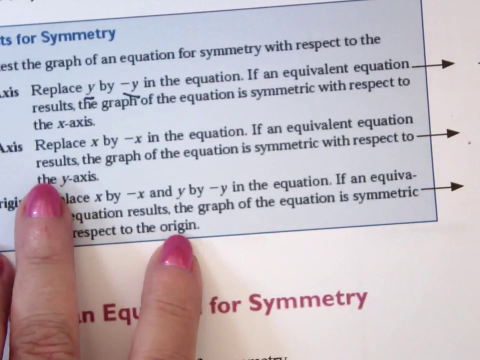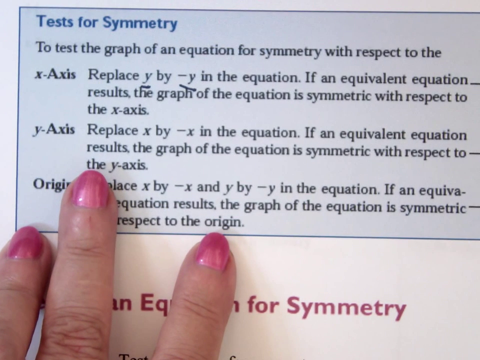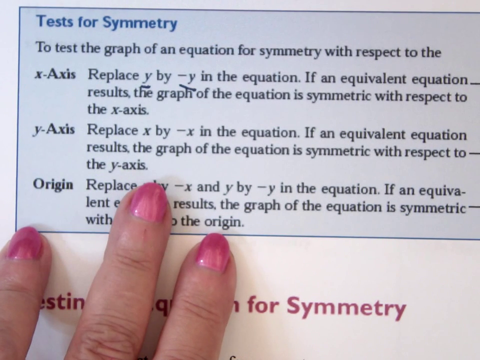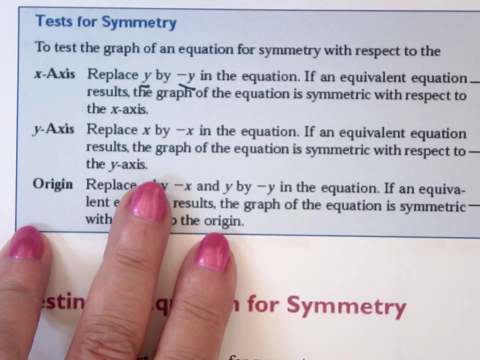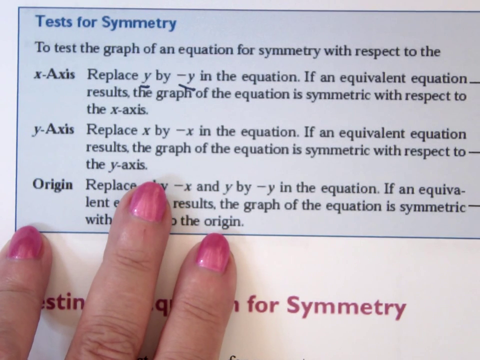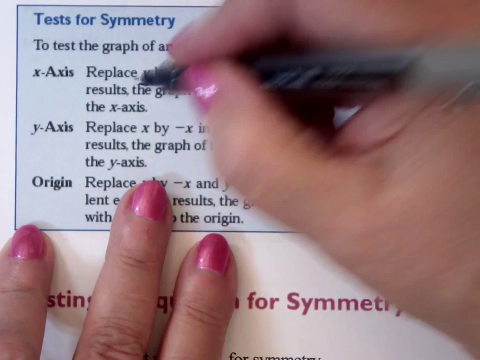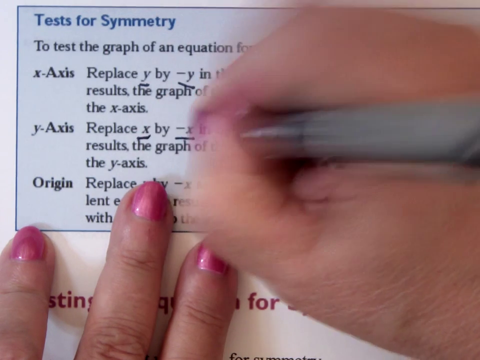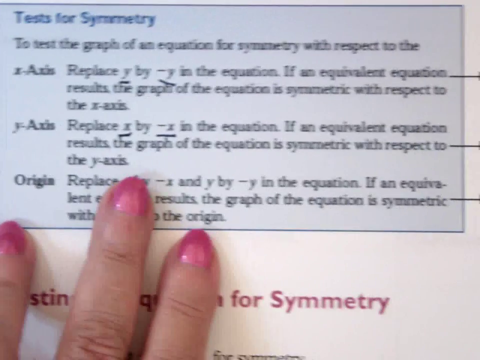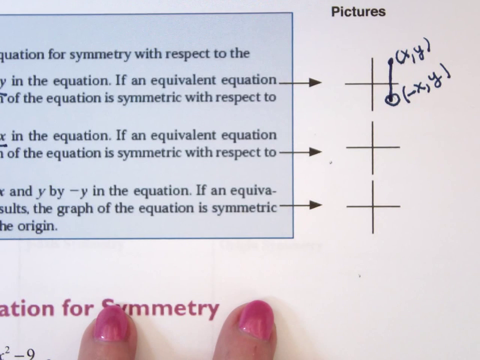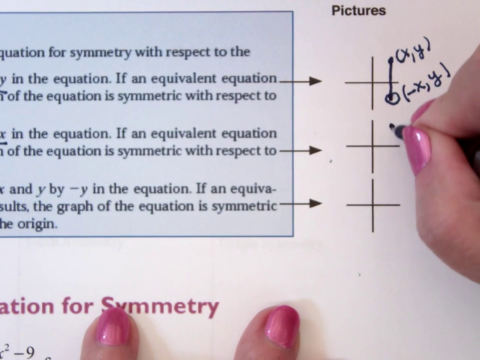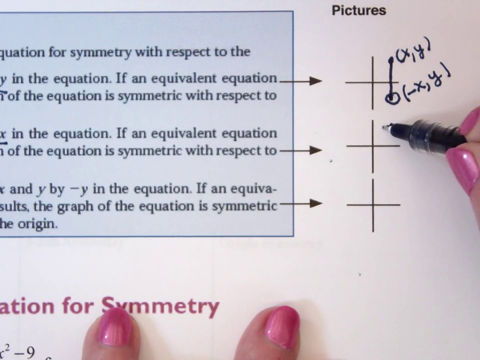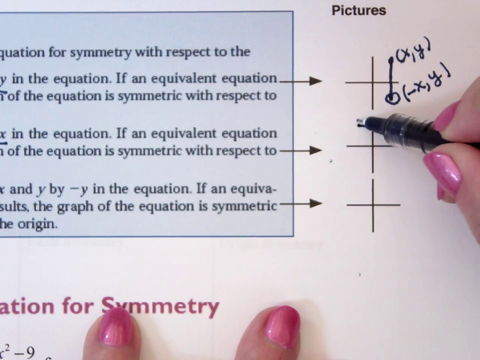And then it says y-axis. Y-axis, replace x by minus x in the equation. If an equivalent equation results, the graph of the equation is symmetric with respect to the y-axis. It said replace x by minus x. Now, to me, these are just words. So I come back over here and I say I want y-axis. That means I'm going to go this direction.